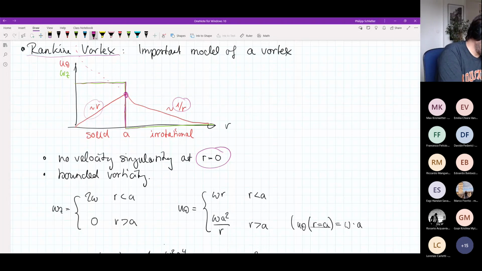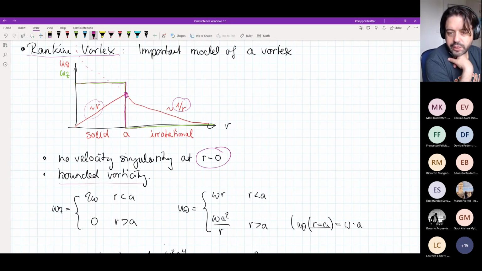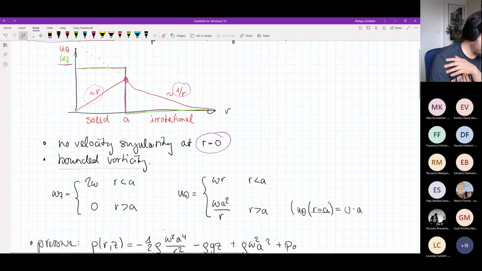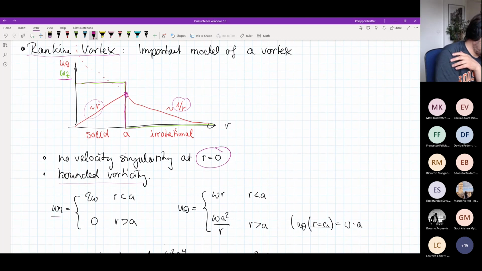At the same time, you also have bounded vorticity, meaning that you can associate a certain value of the vorticity to a vortex. So in this case, for instance, the vorticity would be the area of the circle with a radius of a times the constant vorticity that you have. Now for the Rankine vortex, you can then define its vorticity.